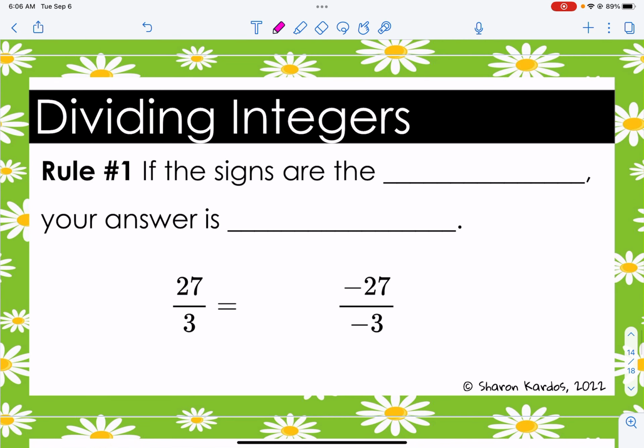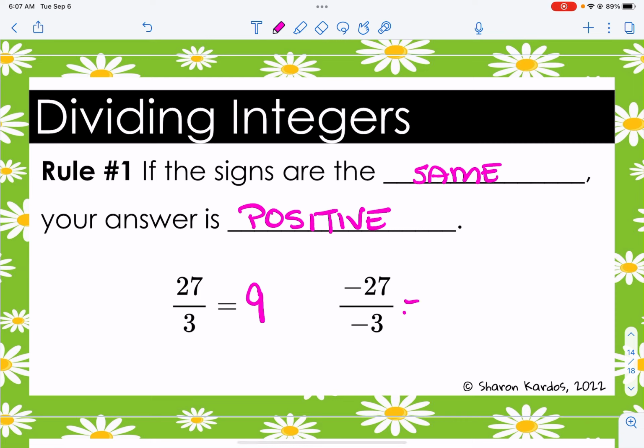The same rules apply, the same two rules, when we're doing division. So if the signs are the same, our answer is going to be positive. In this first one, they're both positive, so my answer is positive. 27 divided by 3 would be 9.